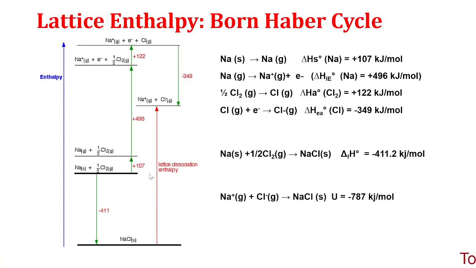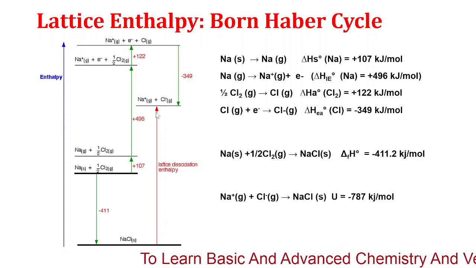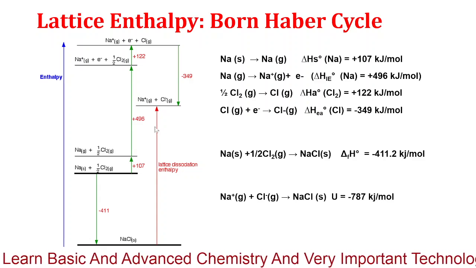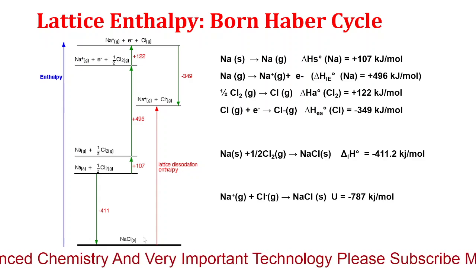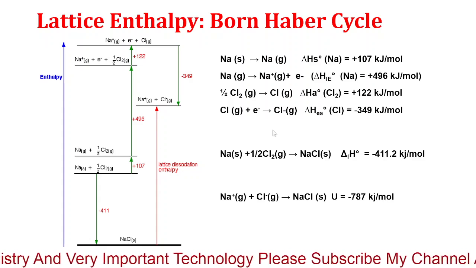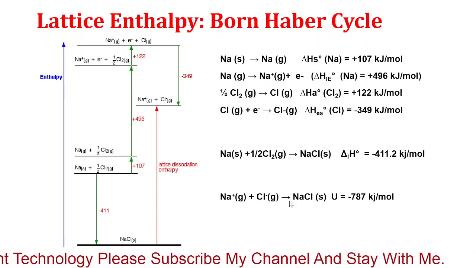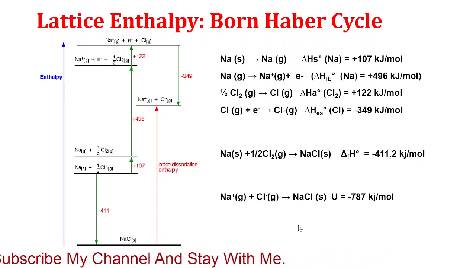Therefore that energy is the lattice enthalpy or lattice energy. So we can calculate how much energy is required or released when the sodium ion and chloride ion make the sodium chloride crystal. If you sum up all the steps, then you will get that the energy is 787 kilojoule per mole.